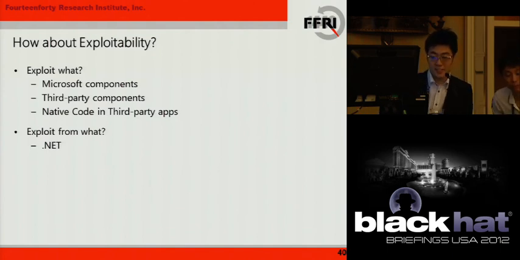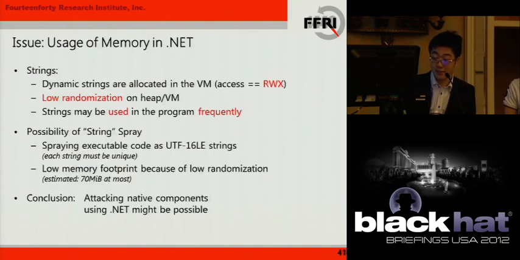Here are some observations. One of them was memory in .NET. That was disappointing. I found that dynamically allocated strings are located in the user VM, whose access is R, W, and X. In other words, dynamic strings are executable. It could lead to a spraying technique if there are other vulnerabilities.